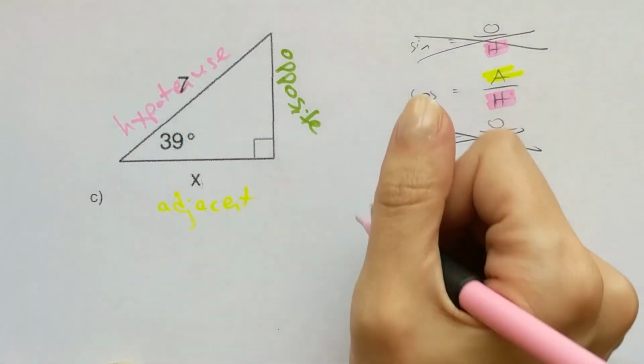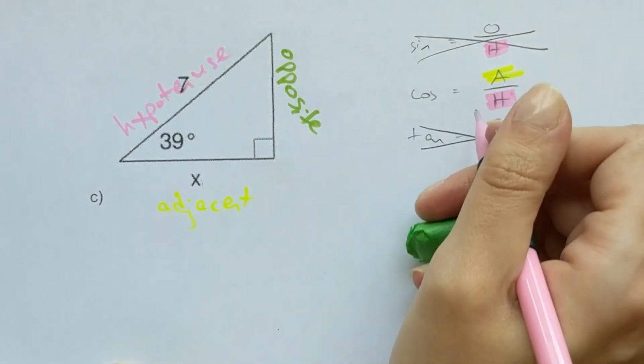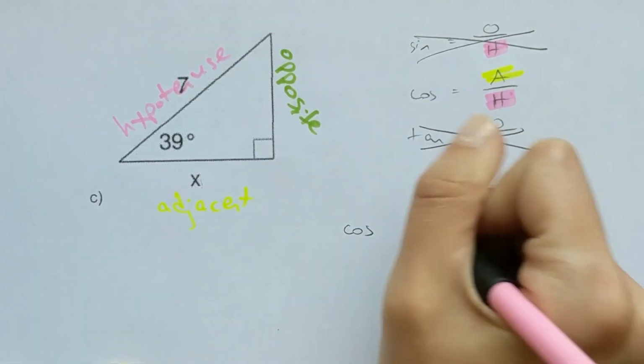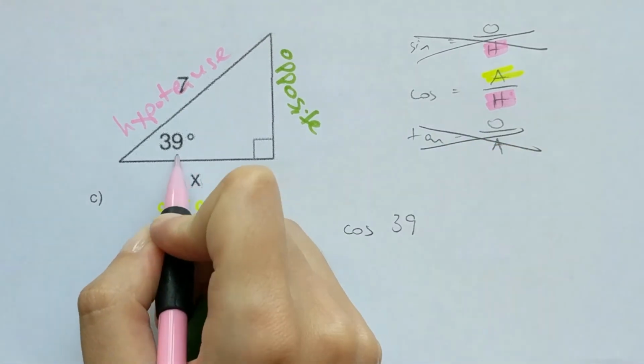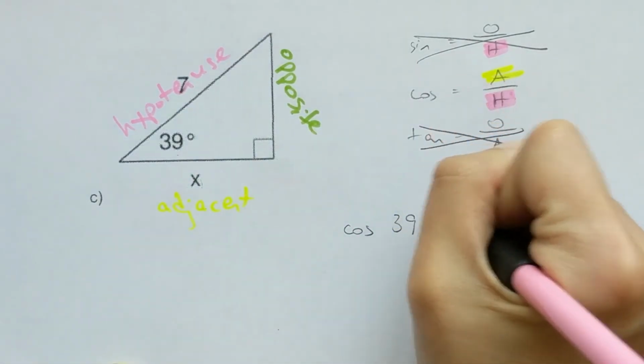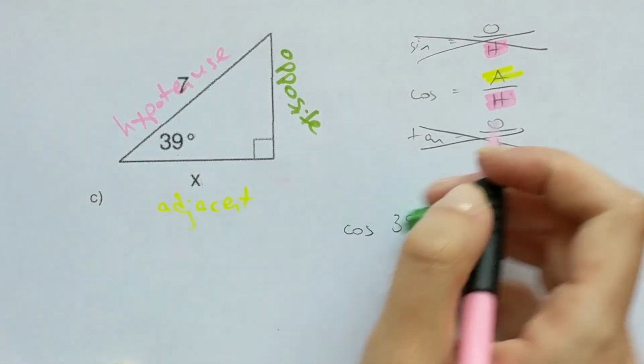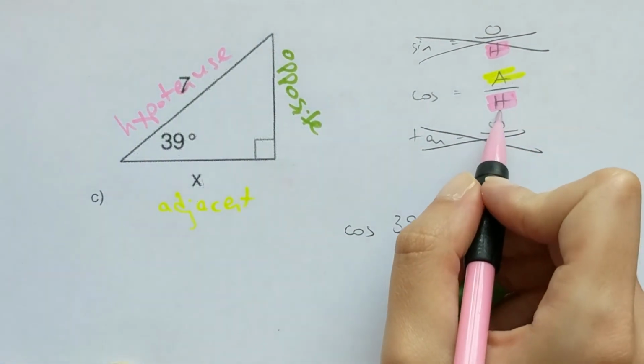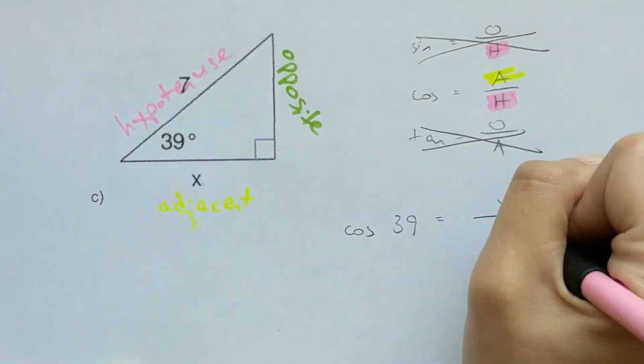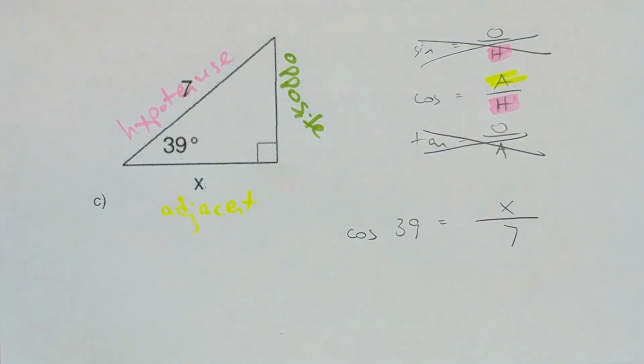So let's go ahead and write our equation out here. So I'm going to write cosine of my angle. Cosine of my angle is equal to adjacent, which is x, divided by hypotenuse, which is 7. So cosine of 39 is x over 7.